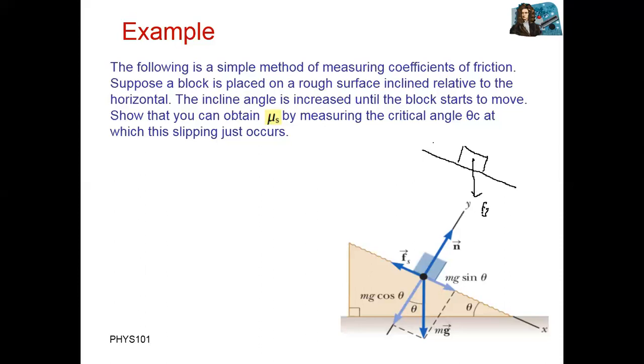Fg is equal to what? Mg. And there is another force, the normal force, which is always perpendicular to the surface. Now, the gravitational force makes an angle with the normal force. Let's suppose the angle is theta.